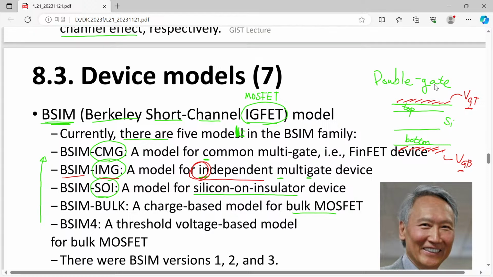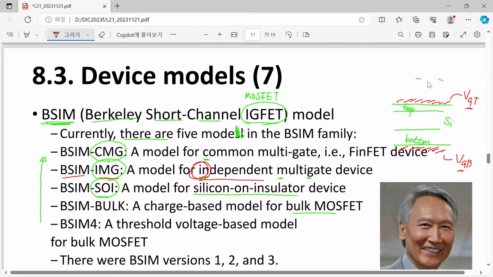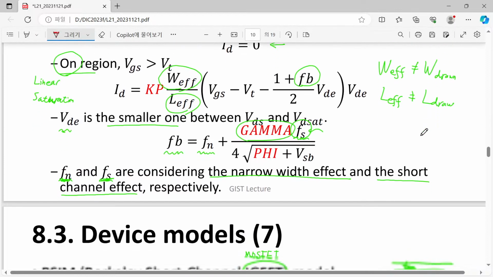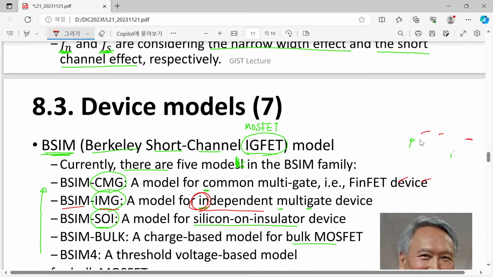However, nowadays, what happens? Now the shape of our transistor just looks like this.